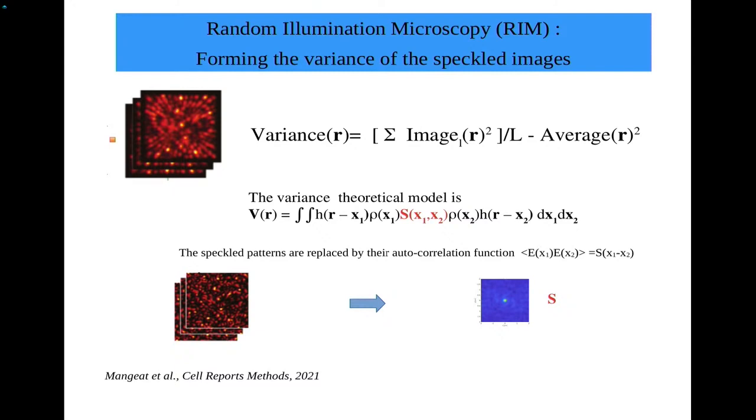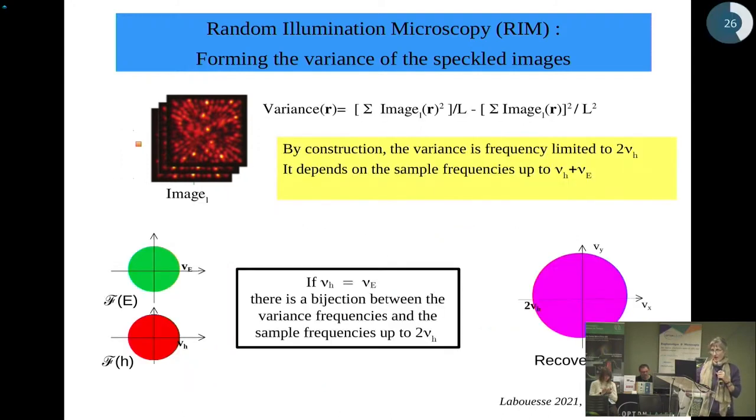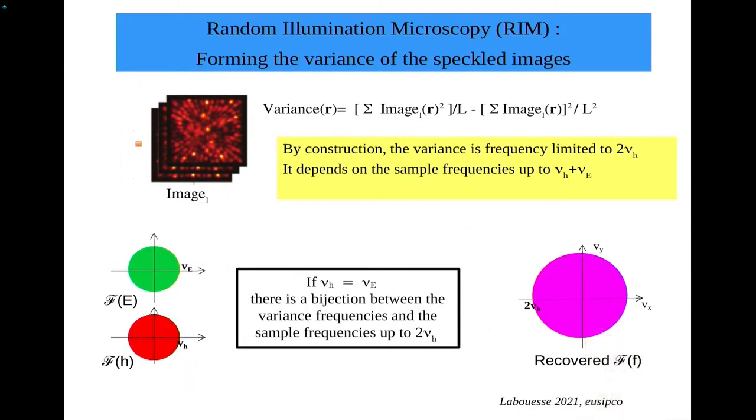And by the way, the autocorrelation of the speckle is very close to the point spread function when the speckles are formed through the same objective as the collection objective. It's exactly the same if there is no Stokes shift. Okay. So now, what can we expect from this variance? Here I just want to give you a hint of the way we have thought about this.